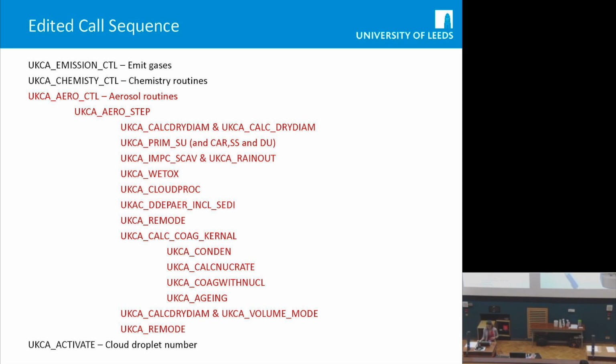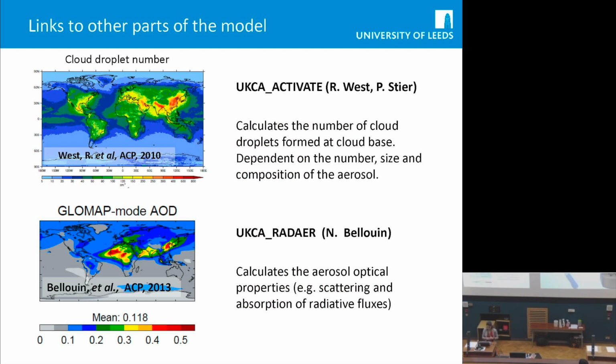But once we've got how that series of processes has changed the size distribution, we might need to know something else, like how it affects things like cloud droplet number. So this is done in a subroutine called UKCA activate, which is essentially all about taking that aerosol size distribution and working out how many of those particles are going to activate as cloud droplets.